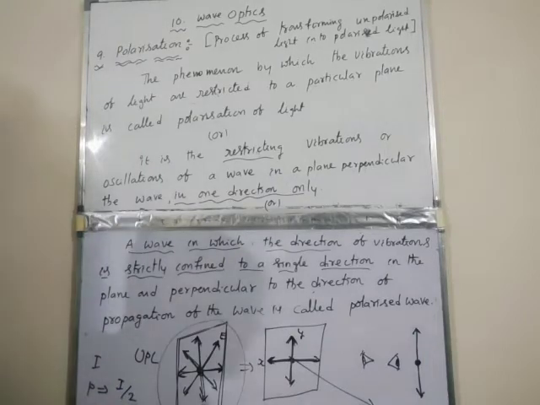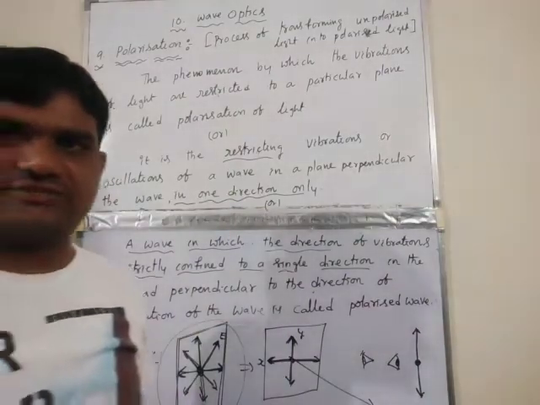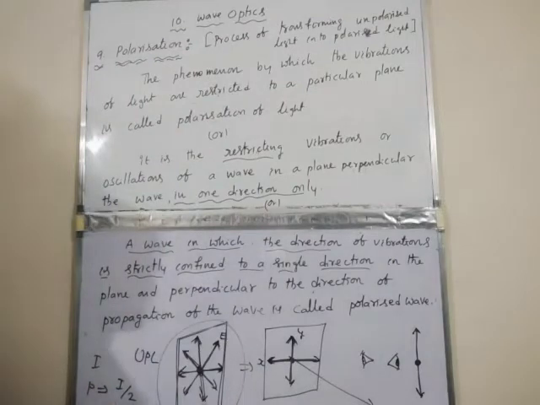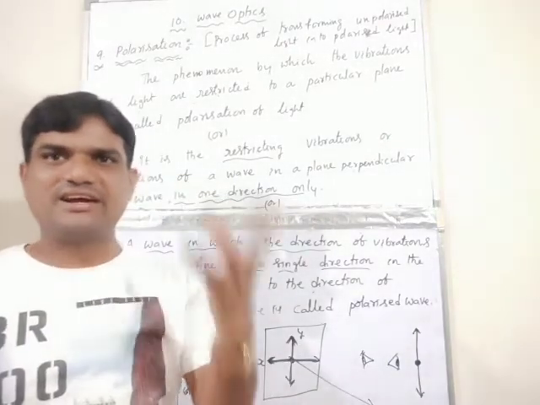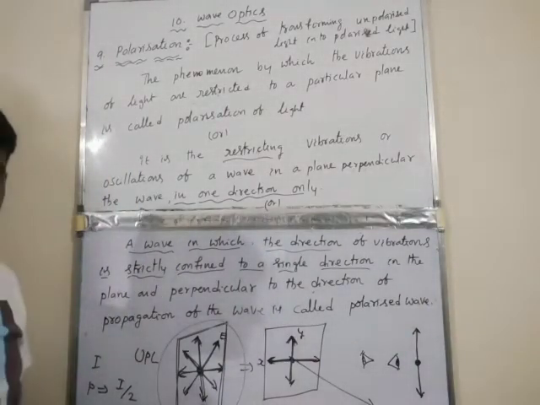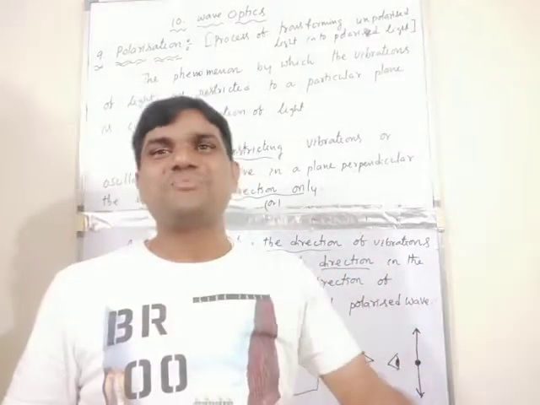It reduces the intensity by half, so we will get less defect. Our eye did not get any defect. Why? Because the intensity decreases because of polarization.